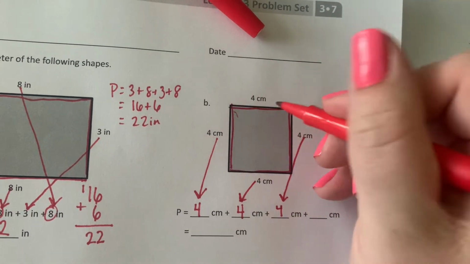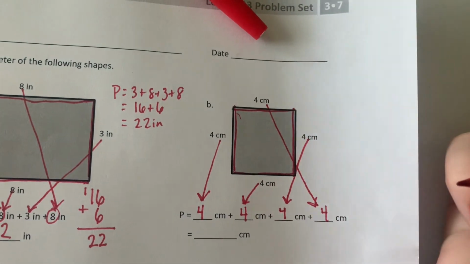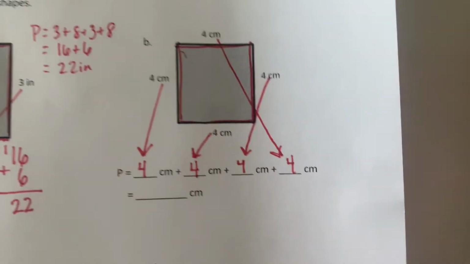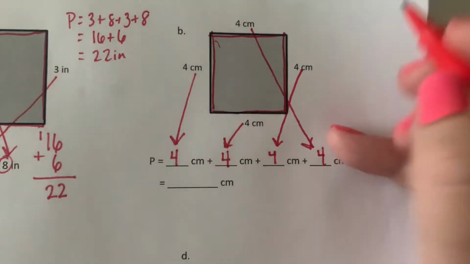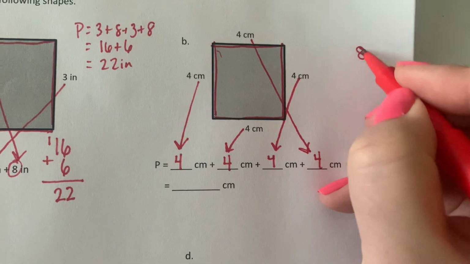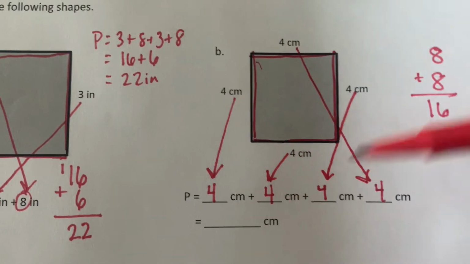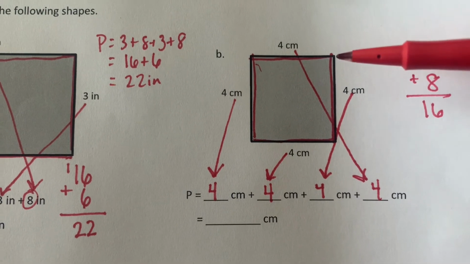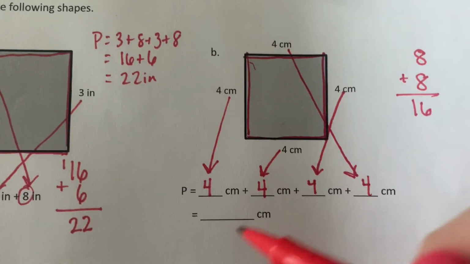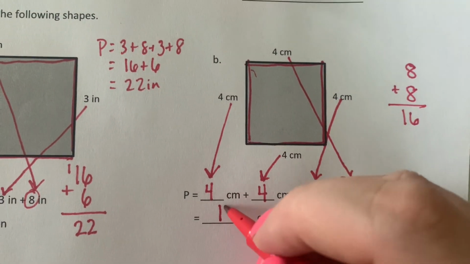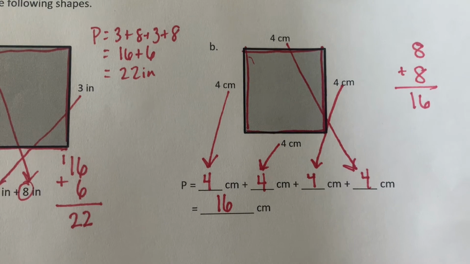And side 4, bring it on down, 4 centimeters. Okay, so now since I know that this is a square and every side is the same, I don't have to sit here and go, okay, 4 plus 4 is 8, plus 4 is 12, plus 4 would be 16. If you have a square, you can multiply that. So my perimeter here is 16 centimeters, okay?